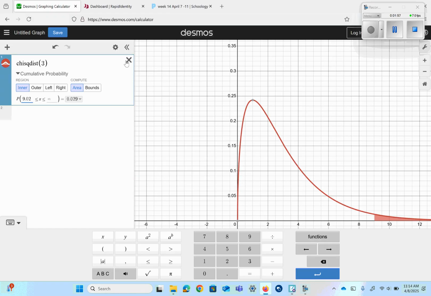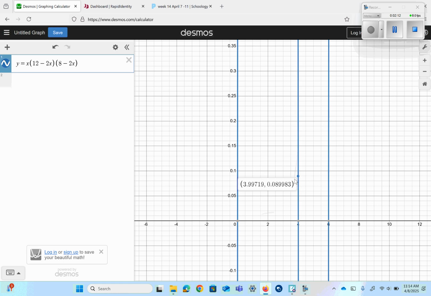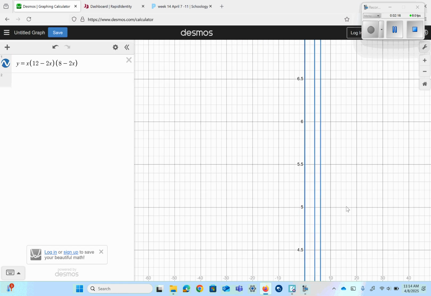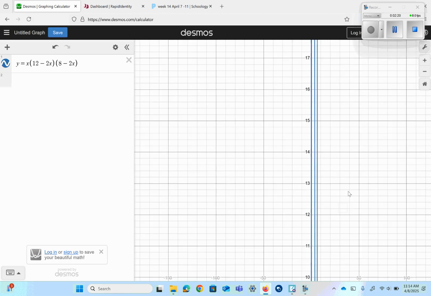So y equals x(12 minus 2x)(8 minus 2x). The reason why it's 2x is you have 2 edges to it. And so you only really want to figure out the peak of, it's a third degree polynomial, but there's only one peak that you need to find.